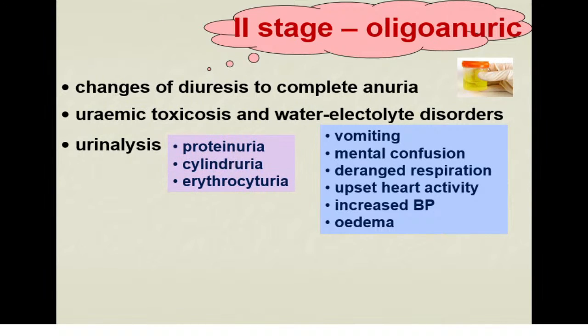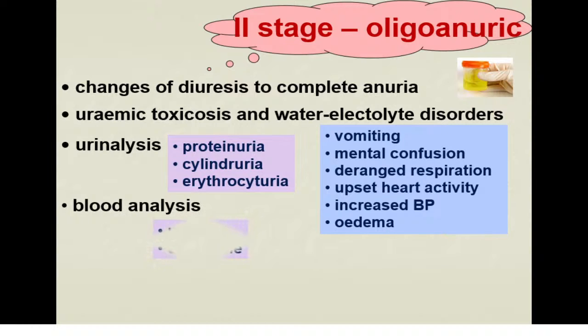Oligoanuric period. We can control urinalysis and will see pathological elements as protein and erythrocytes, which pass through the membrane of glomeruli, which normally impossible. Health urine are free from protein and erythrocyte. Protein which pass through the tubules will be revealed with specific cylindric shape. We are talking about cylinderuria.